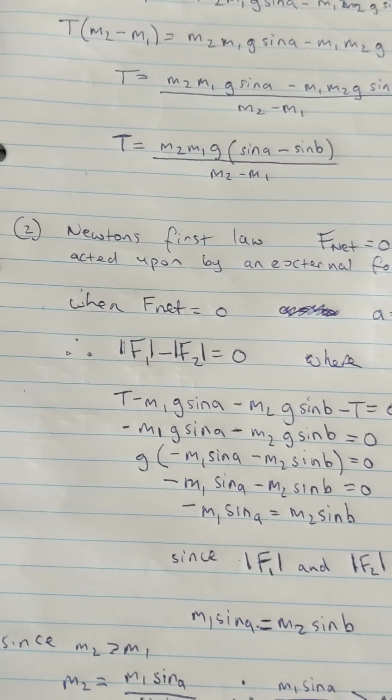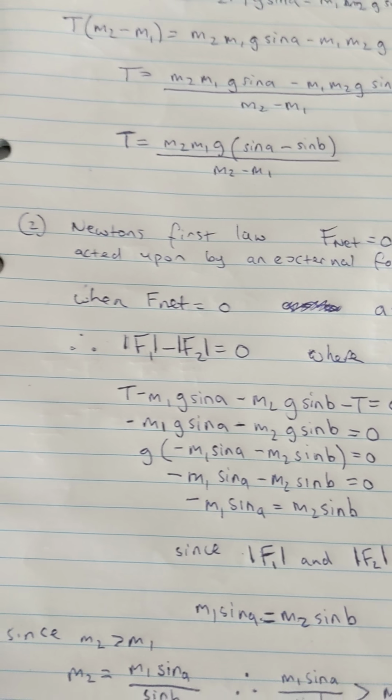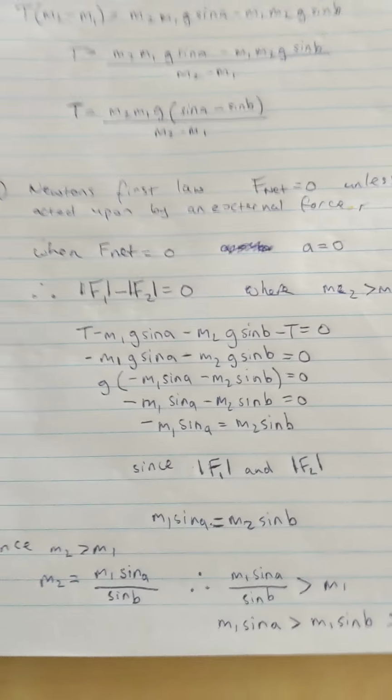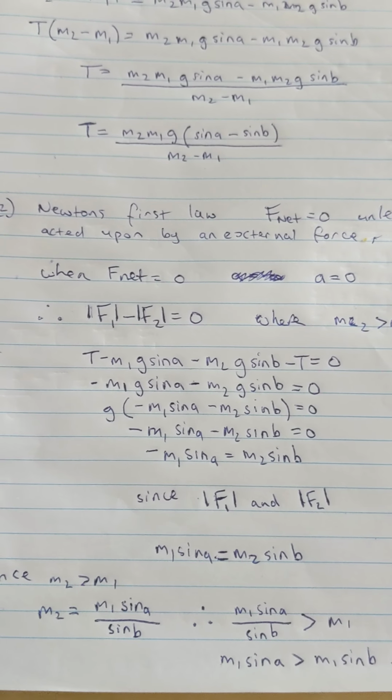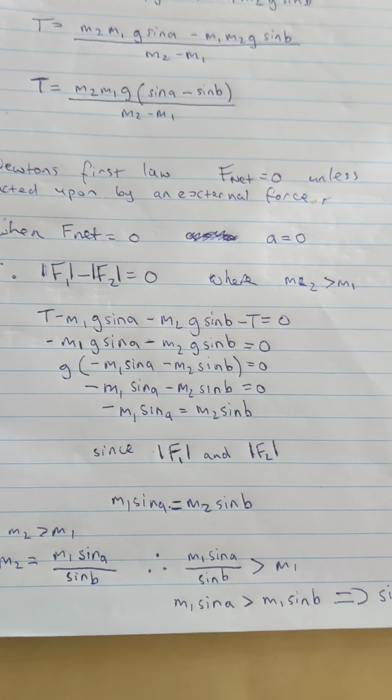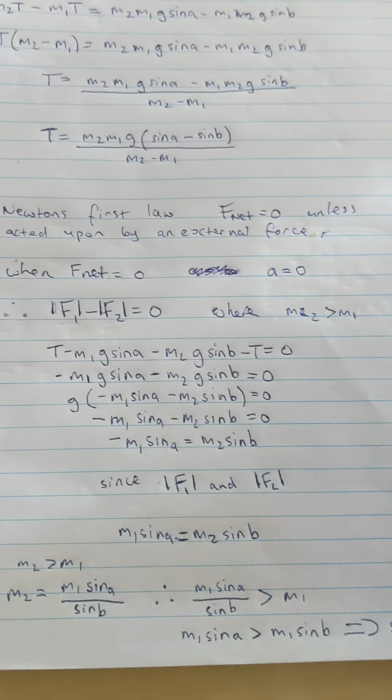Newton's first law states that our total net force is 0 unless acted upon by an external force. So when net force is 0, acceleration is 0. It's either at rest or it's got a constant, uniform velocity without changing.